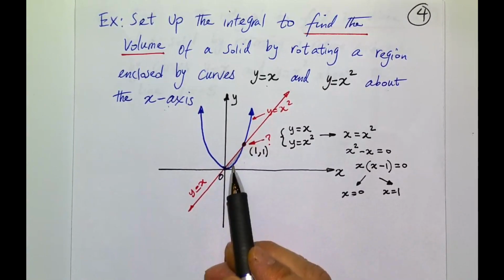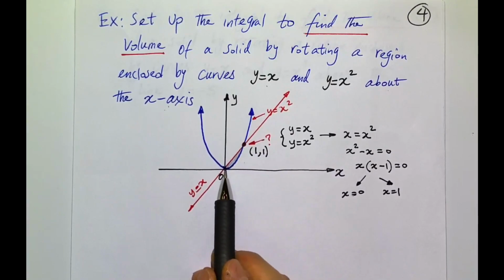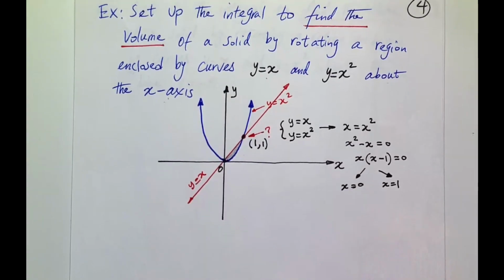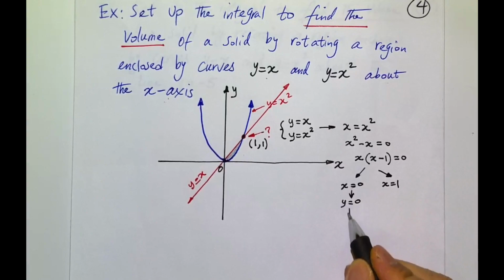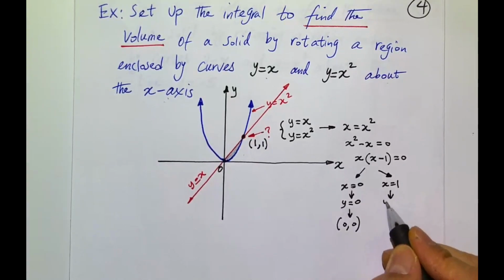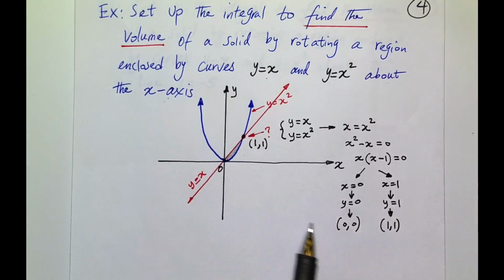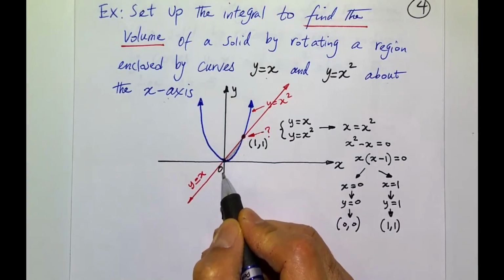These two curves intersect at two points, (0, 0), which is the origin, and also (1, 1). From here y equals 0, giving (0, 0), and from here y equals 1, and therefore we have (1, 1) as the other point of intersection, both of which are now shown on the drawing.